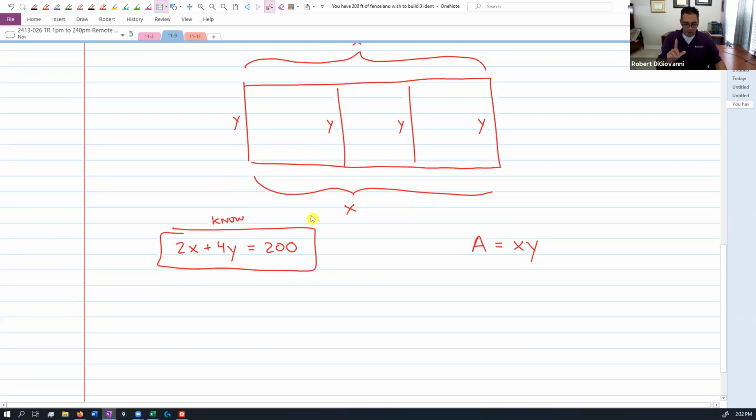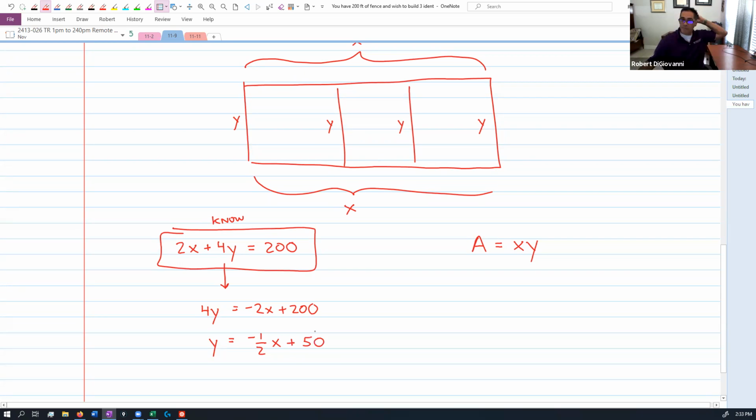Here's the cool part. Take this equation and solve it for Y. Watch. Okay, I move the 2x over, and then divide both sides by 4. So you get y equals negative 2 divided by 4, which is negative 1/2 x plus 50.